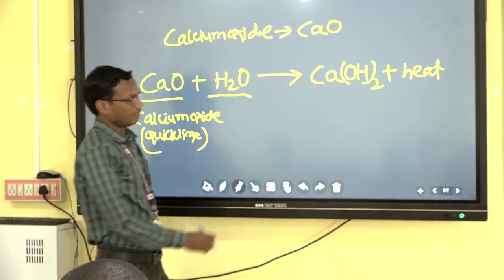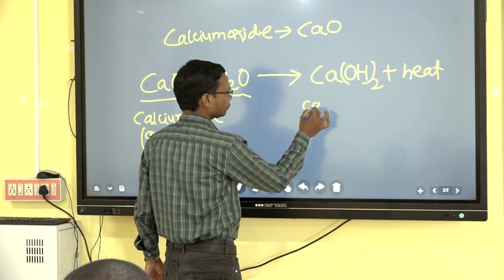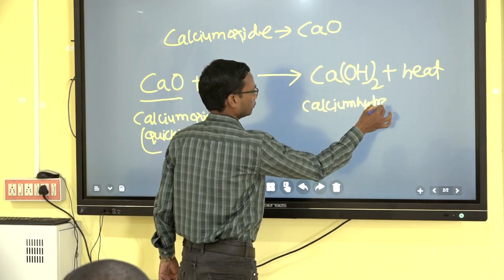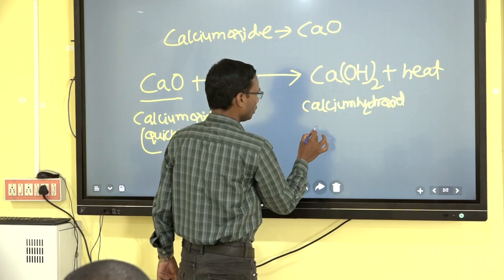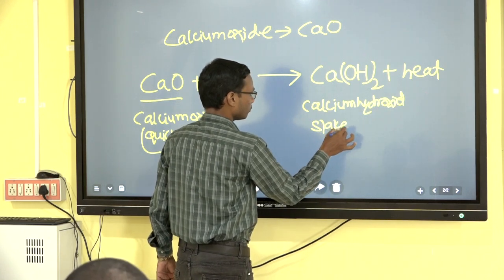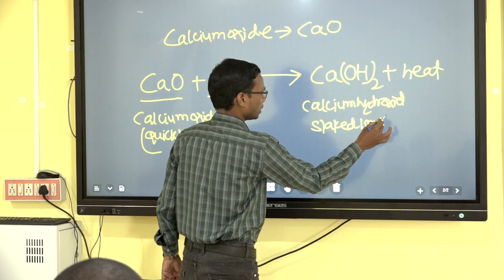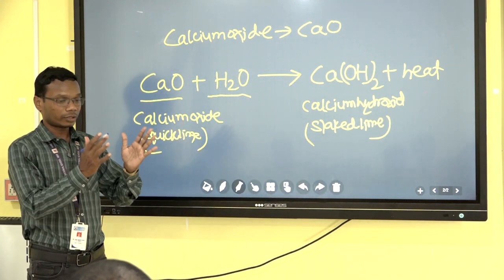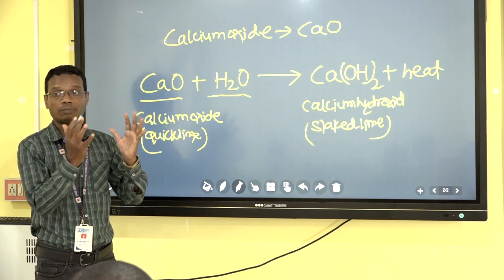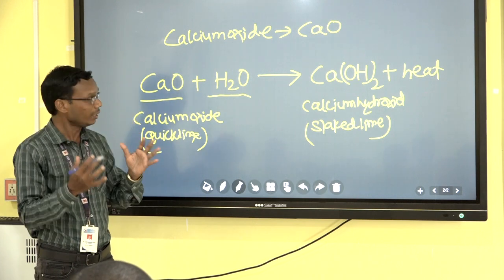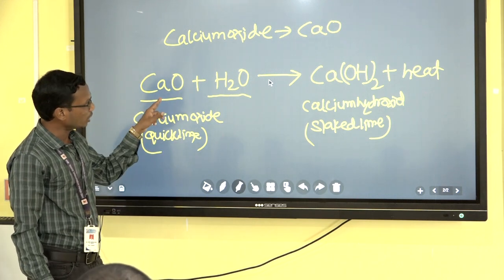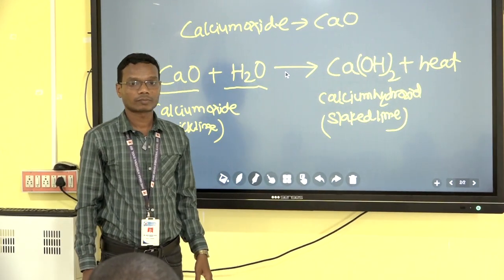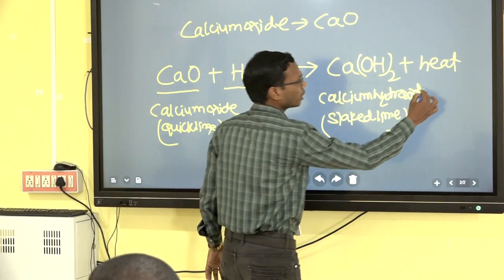This is calcium hydroxide, or slaked lime. So we feel the wall of the beaker becomes hot. Why? Due to the reaction of quicklime with water to form slaked lime and heat. Heat formation is another part.